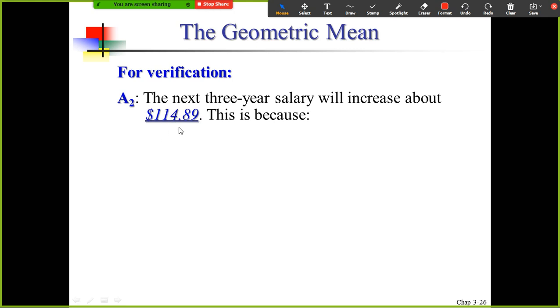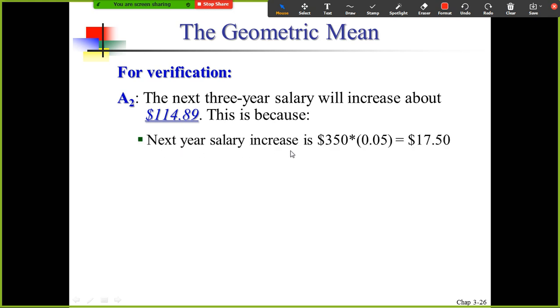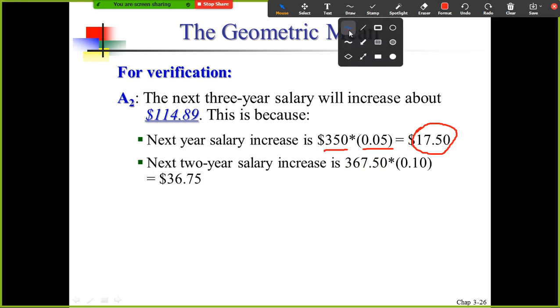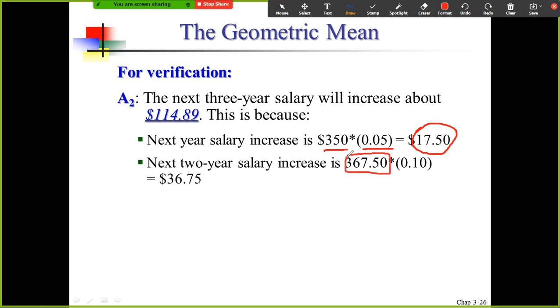How do we get this amount in terms of the actual growth rate? Next year our salary increases by 5%. That's why next year our salary increases by this amount of money, 17.5, because 5% is multiplied by our salary. So next year our salary will be this amount, because now our salary plus the increase gives us this amount.